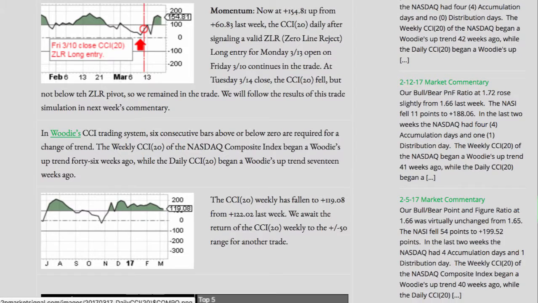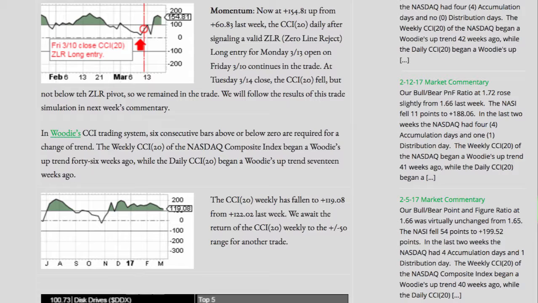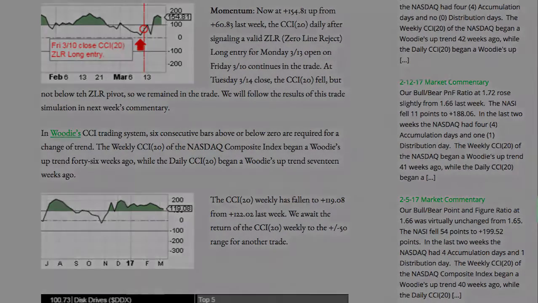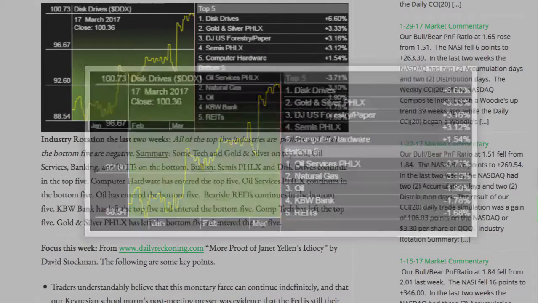The CCI 20 weekly has fallen to a positive 119.08 from a positive 122.02 last week. We await the return of the CCI 20 weekly to the plus or minus 50 range for another potential trade.